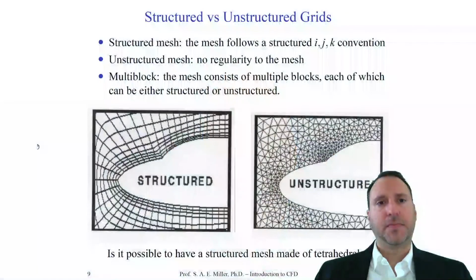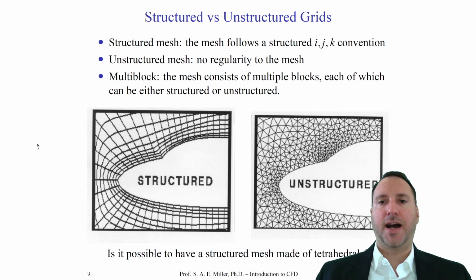Now, let's classify the types of computational domains. There are generally two. The first is structured and the second is unstructured. A structured mesh follows some structured convention. Typically, this is the so-called IJK index convention. That means that there's a list of grid points and there's no list of connectivity. Why? Because the connectivity of the particular domain is implicit and it's known to the user.